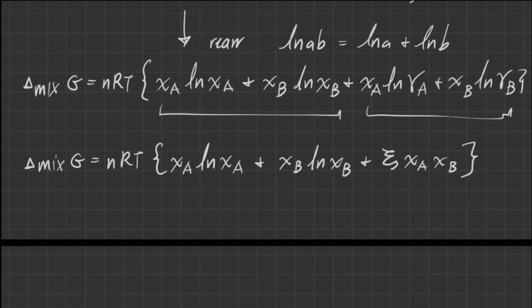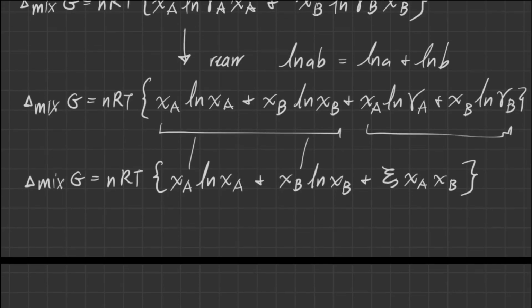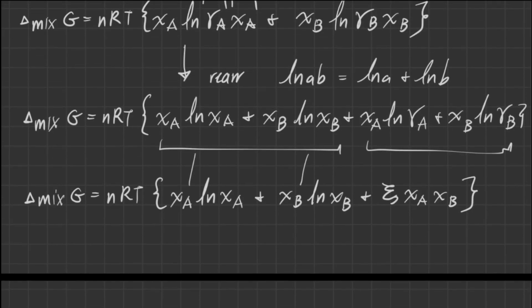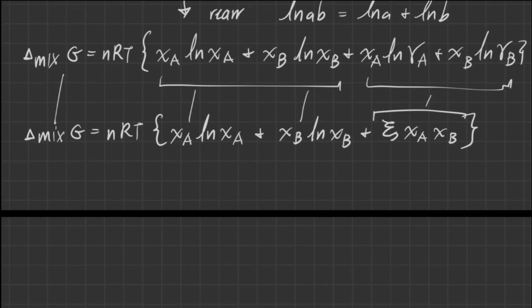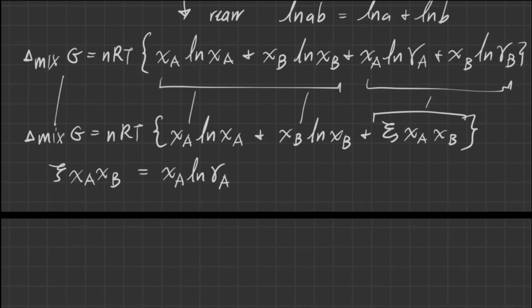Okay. So here we can see that this clearly maps with the mole fraction terms, but this does not. But we know that these two are equal, so we want to set this xi term of the second equation equal to the activity coefficient portion of the prior delta G equation.